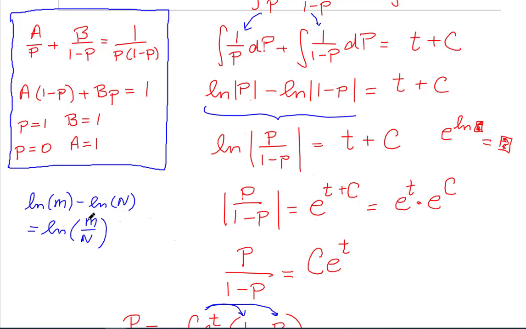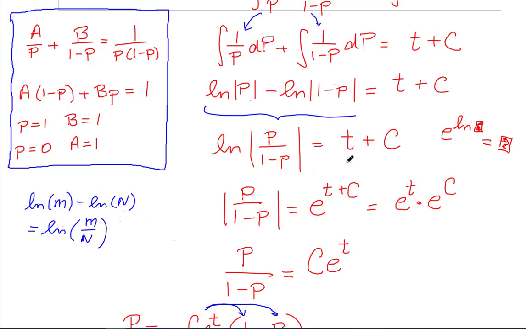And if we needed it, if this were a plus in between, plus goes back to a product. All right, so this is ln of p over 1 minus p. And again, I use the trick that e to the ln of something gives me that item back.